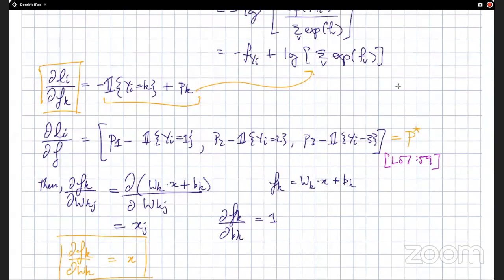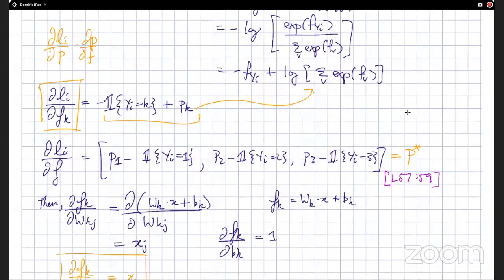If you do dLi over dp and then times dp over df, you don't really need to do that. It's just easy to go straight. So the eventual function should be the same anyway.